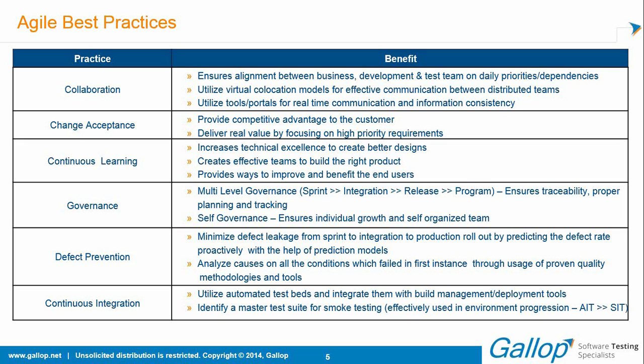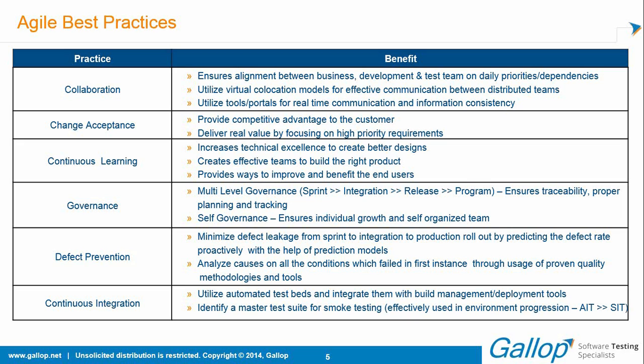So it is very important to have governance at a high level, and they define the standards, and they will have to make sure that all individuals are following those standards. And then yes, defect prevention. Just to minimize the leakage of defects into production, we have to have a proper system in place.